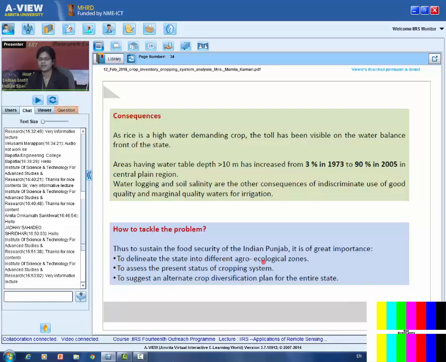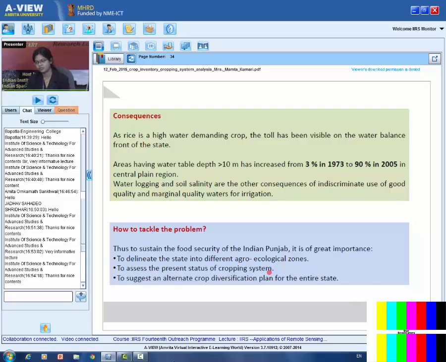First, divide the state into different ecological zones. Then, find the present status of the cropping system by generating the crop inventory map and logically integrating it into the GIS. Another method is that if we have whole year NDVI data, then just by layer stacking those NDVI profiles at once, we can generate the crop pattern map.